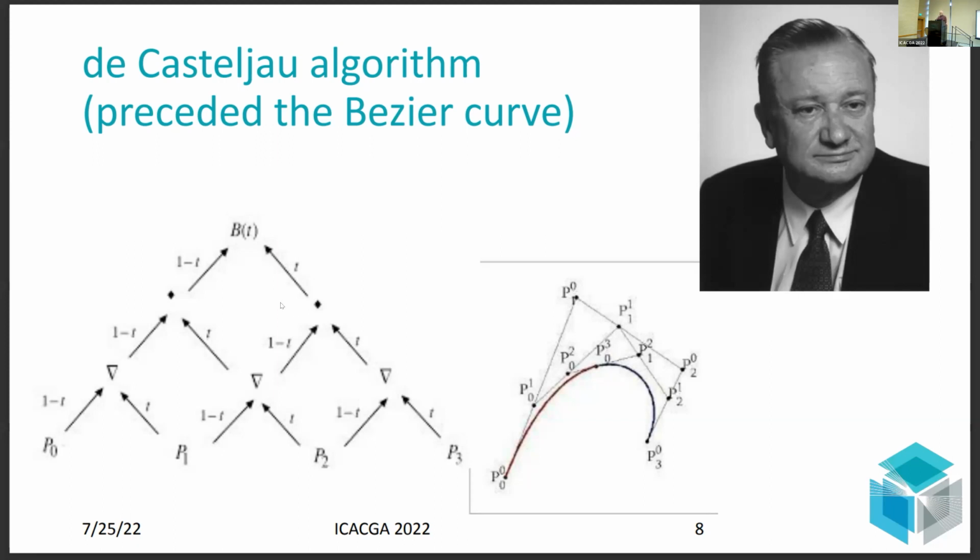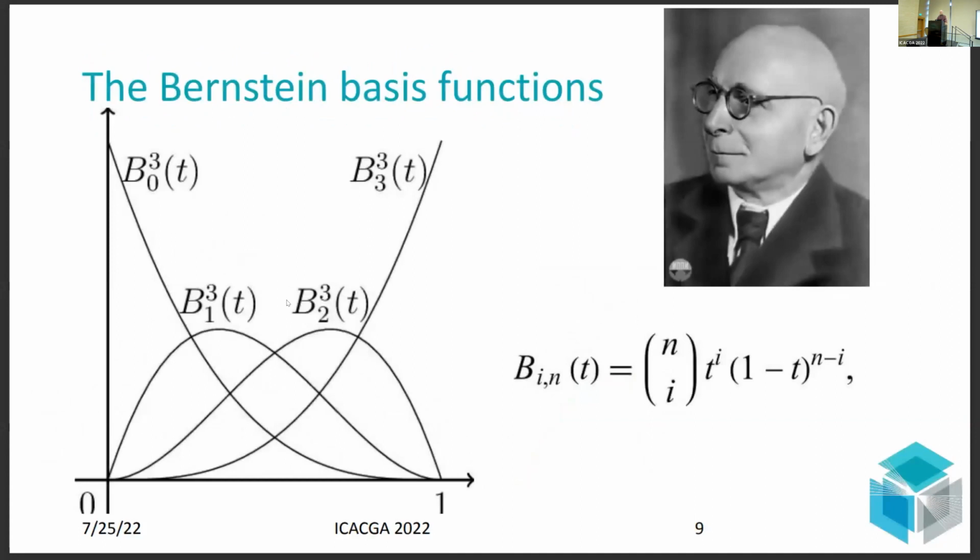So in the finest tradition of mathematics, the guy who invented this polynomial didn't get his name on it. Bezier did, but Bernstein, 70 years earlier, had invented the Bernstein polynomials, basis functions, in order to prove the Weierstrass theorem. Well, what is the secret?